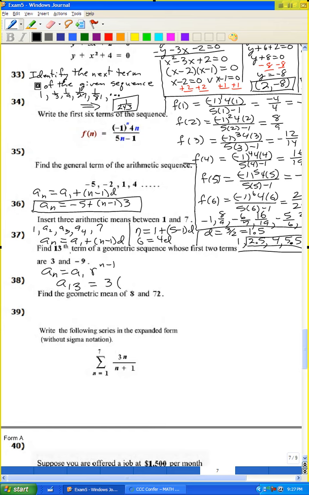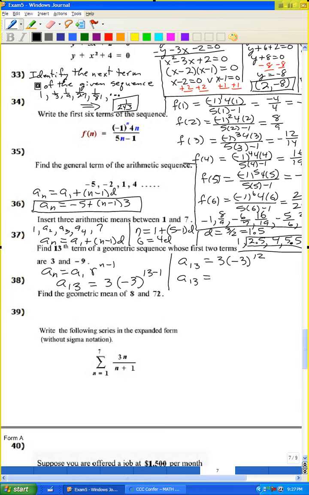And in order to get -9, you have to multiply 3 by -3. So the common ratio is -3. And the exponent is 13 minus 1. So the 13th term is 3 times -3 to the 12. That's actually going to be a relatively large number.